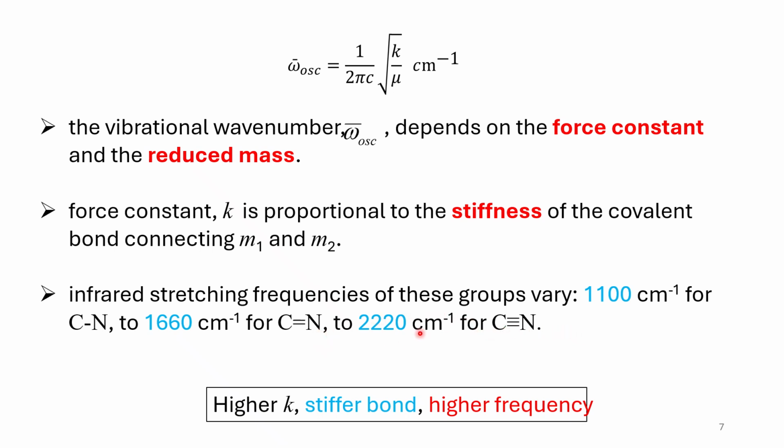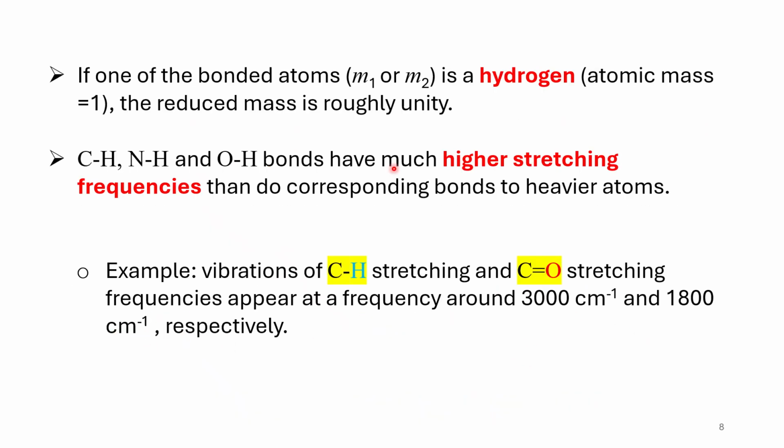The stiffer the bond, with the triple bond, the vibrational wave number is much higher compared to the double bond and also the single bond. Now, the effect of reduced mass on the vibrational frequency can be observed, especially if one of the bonded atoms, either m1 or m2 in the molecule, is a hydrogen atom. Then it will cause the reduced mass to be roughly the value of 1.